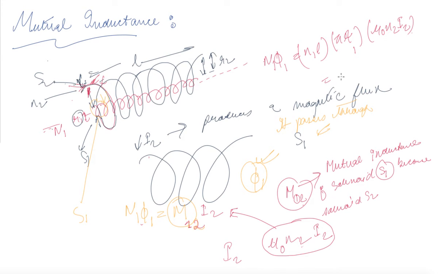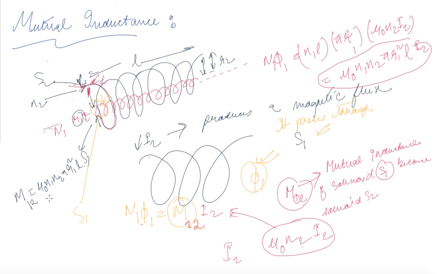Mu naught is a constant, N1 N2 is a constant, pi r1 squared is a constant, and L, the length of the solenoid, is also constant, into I2. So the mutual inductance M of 1 because of 2 is mu naught N1 N2 pi R1 squared into L. This is the mutual inductance of 1 because of 2.